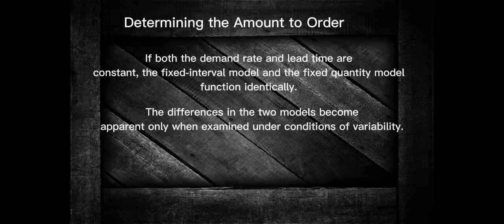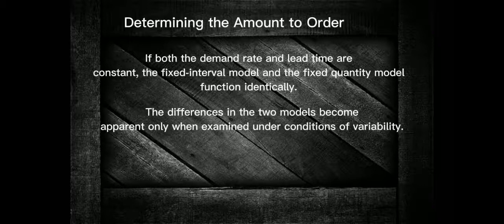If both the demand rate and lead time are constant, the fixed interval model and the fixed quantity model function identically. The differences in the two models become apparent only when they are examined under conditions of variability.